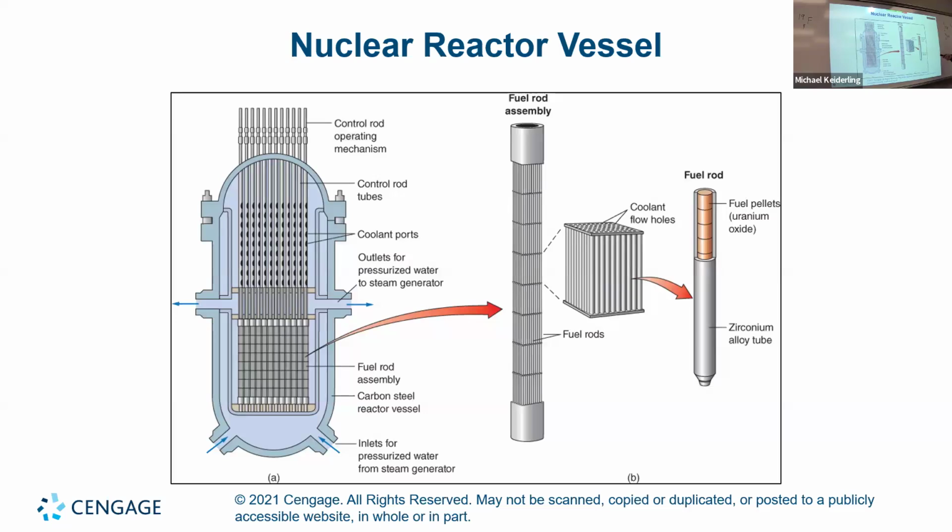Nuclear reactors boil water. These fuel pellets of uranium oxide get very, very hot. They heat up the water, which boils and generates steam. So you have pressurized water that goes out to the steam generator and pressurized water that comes in from the steam generator.